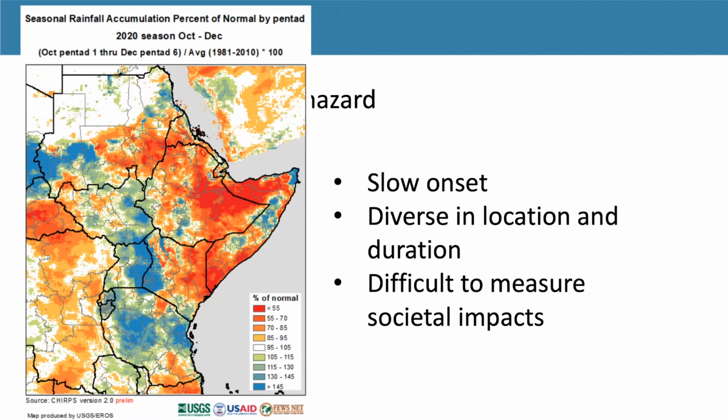And you can see that it's been normalized in percent, so that the red areas are 55% of normal or less, and the blue and green areas are above normal amount of rainfall for this last 3 months compared to a historical average. So this is very typical of the kind of rainfall data that we see from satellites.